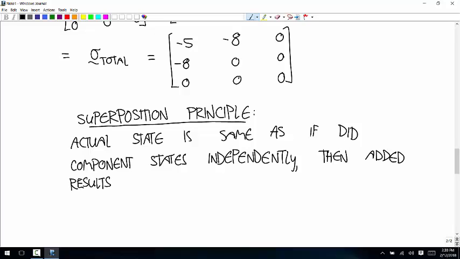Almost always, the superposition principle requires small values in some way. It's not generally the case. It's actually never exactly true.